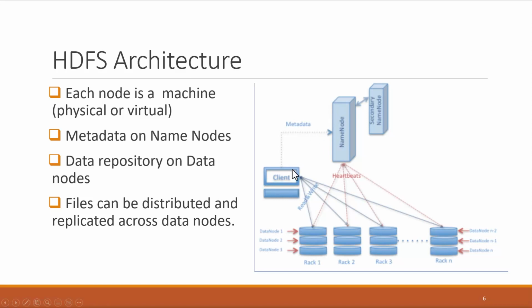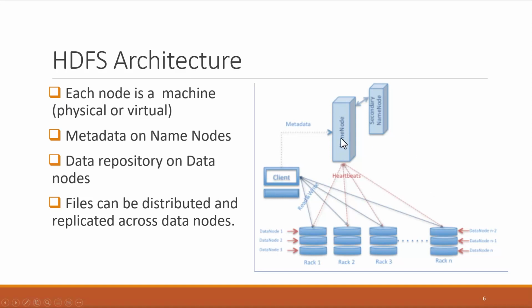So when a client needs to get access to resources, it goes to the name node. When we connect to a cluster, we generally connect to the name node, and that name node identifies the locations of the various pieces of data that we need, tells the client, and then allows the client to actually pull data directly from those data nodes.